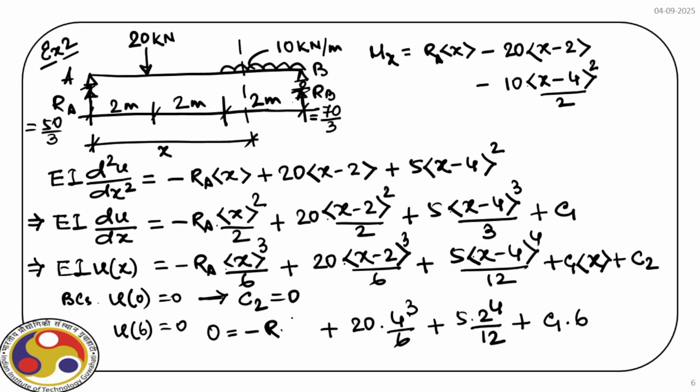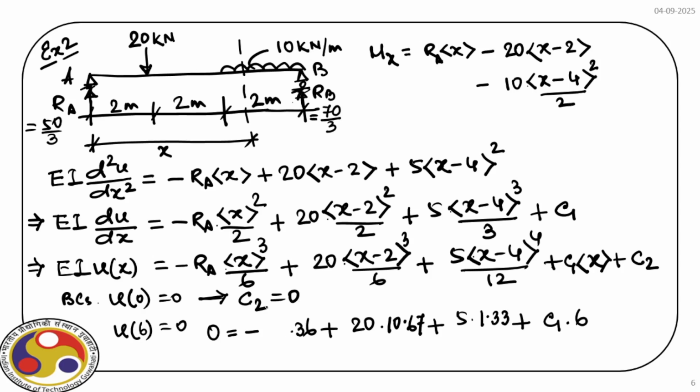So we have 36. So here we have 10.67 and then we have 5 into 1.33, and in place of Ra we can write 50 by 3.